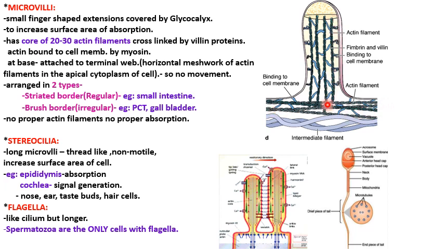And these vertical actin filaments are connected to one another by the proteins villin and fimbrin. And these actin filaments are connected to the cell surface by myosin.